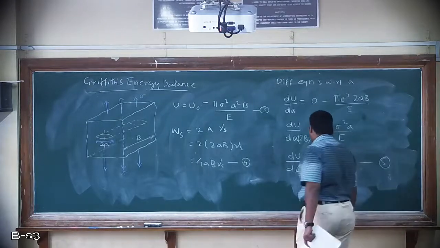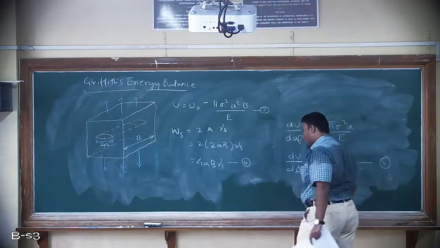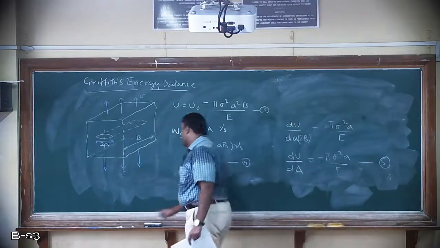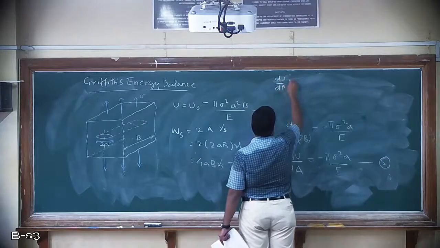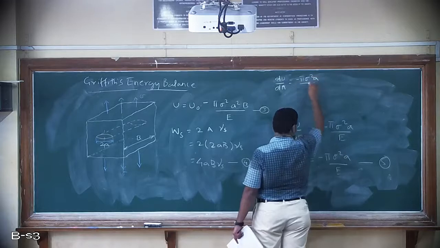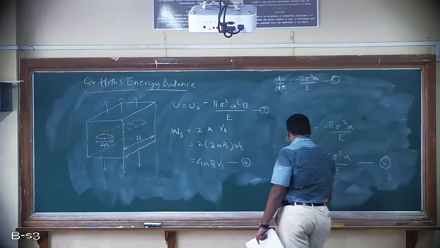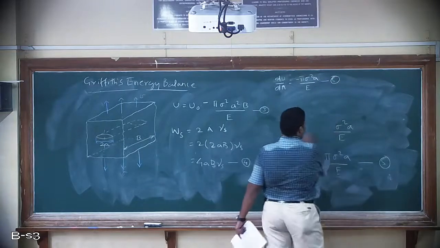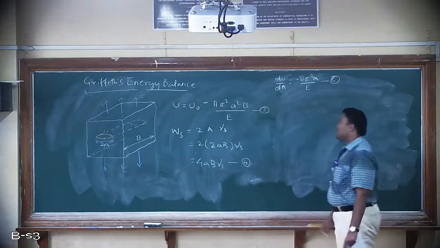So here at one point I'll just write this, as we may require this. I'll write this as du by dA will be equal to minus pi sigma square a upon E. That is equation number 5. Okay.